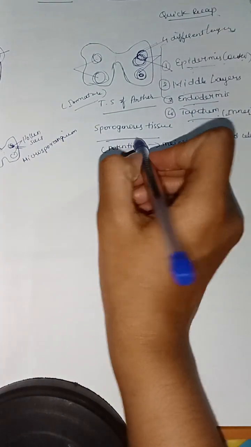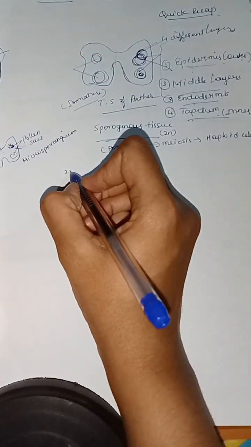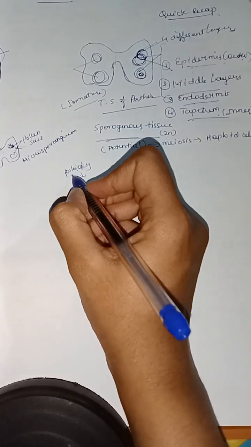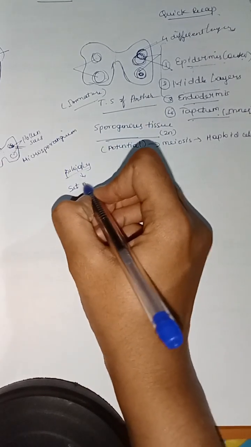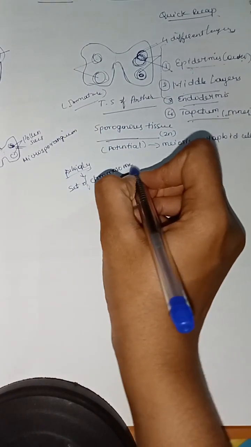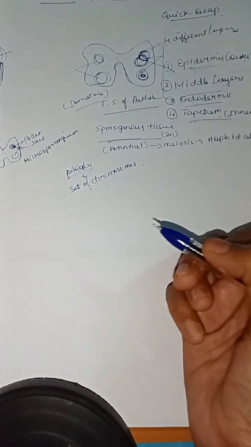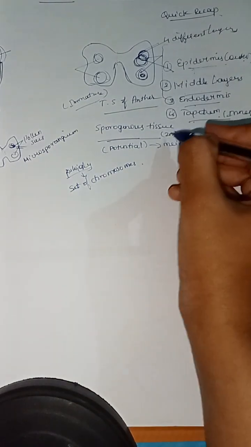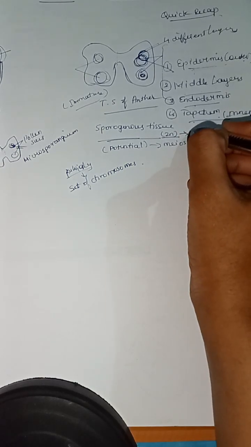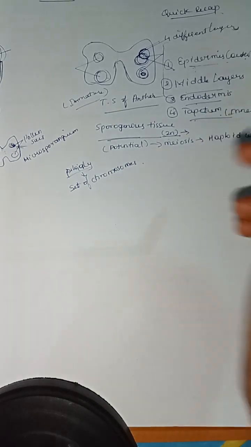The sporogenous tissue is in a diploid condition. Ploidy means a set of chromosomes present in a cell, which defines the chromosome number. If it is diploid, it has the full set of chromosomes.